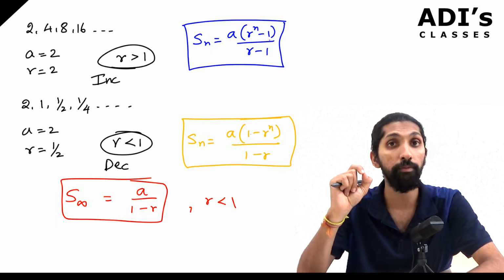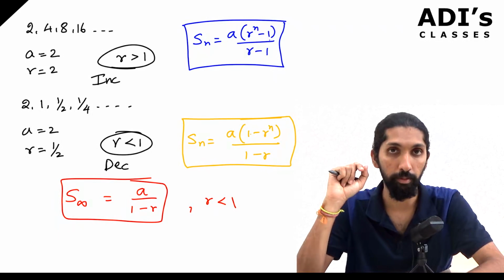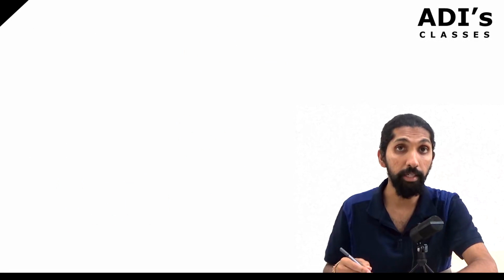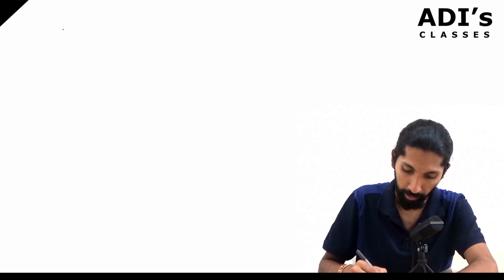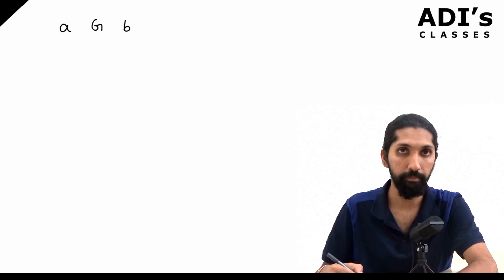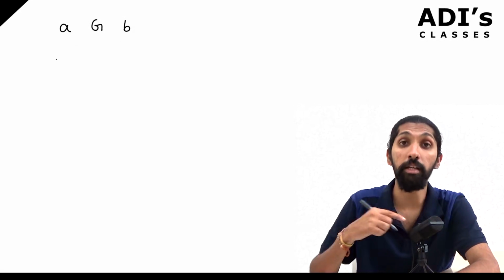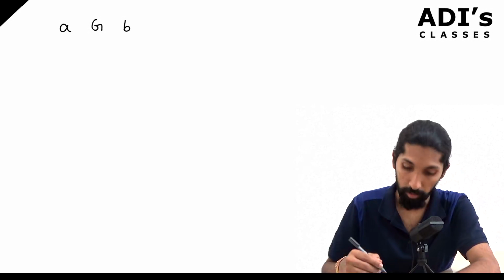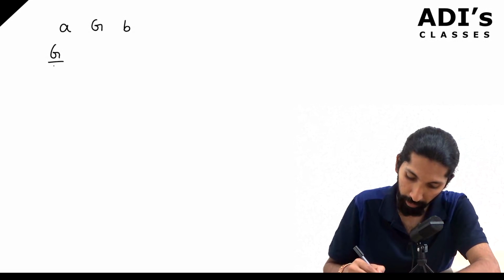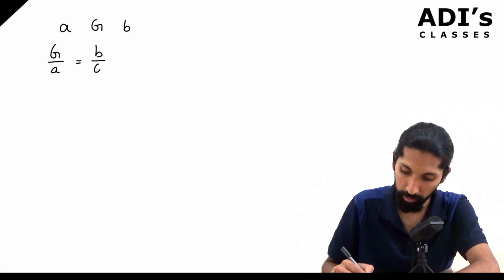Just like how we have arithmetic mean, we also have geometric mean. To find the geometric mean, we'll take a, we'll take g, we'll take b. Very simple. Now, what do we have? The ratio is the same, correct? So g divided by a is equal to b divided by g.